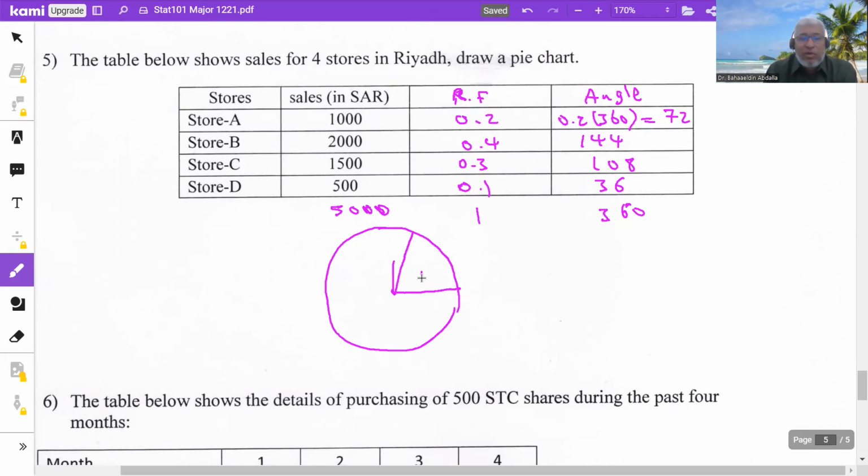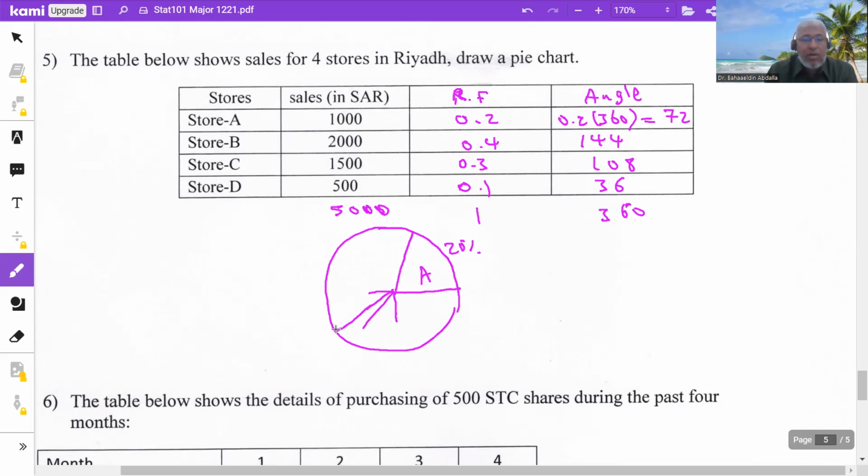So this is store A. 0.2 means 20%. Now, if you add 72 plus 144, you will get 216. And 216 is greater than 180 by 36. So if this is 180 and this is 270 and this is in the middle, 36 is somewhere here.